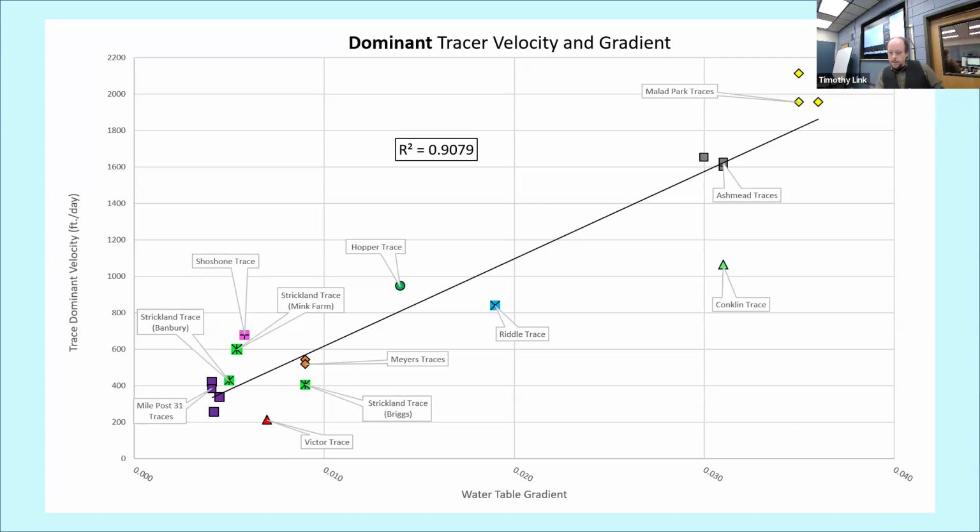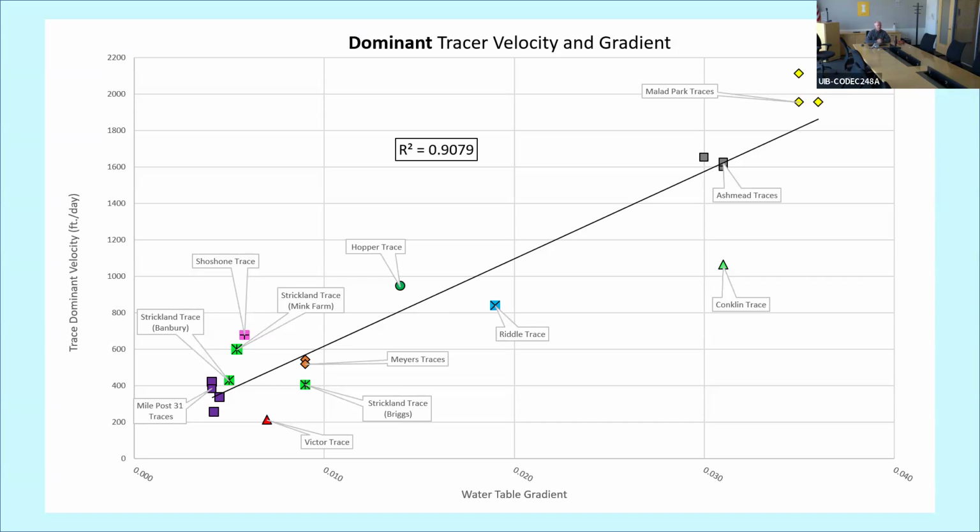Then I'll jump to the second to the last one, which is, I may have missed this, but did the time of year of the tracer dye injection affect the measured velocities? No, not really. We haven't seen any of that so far. That's one reason why we've done multiple traces; we've tried to do at least two traces in the same well or same location, and we haven't seen much difference between our traces.